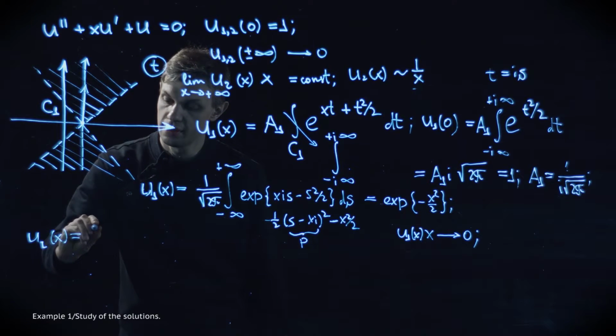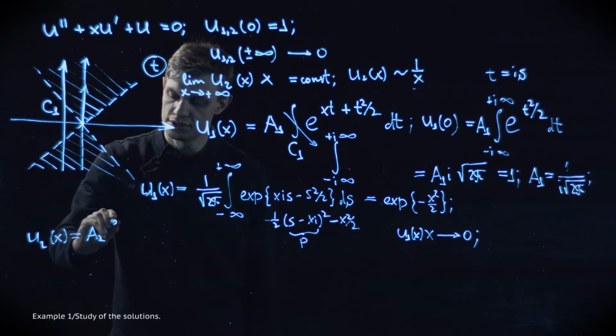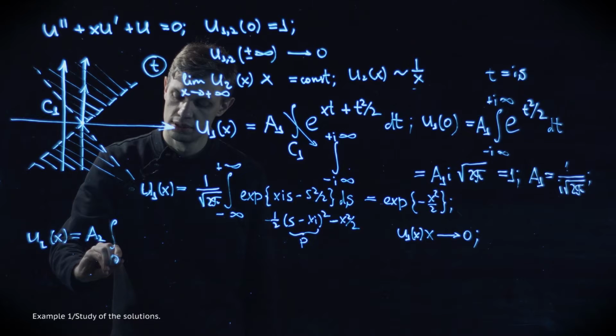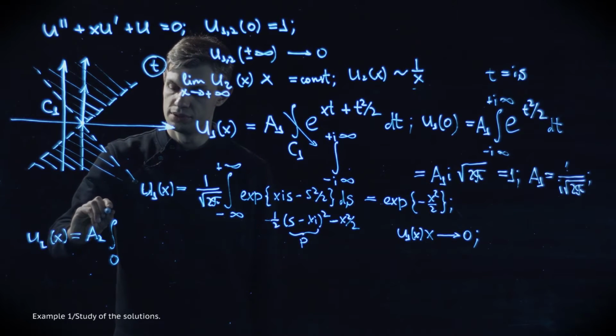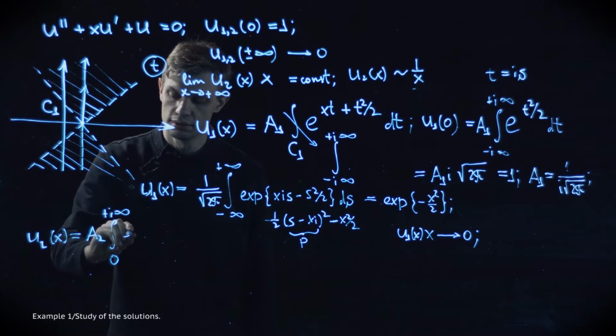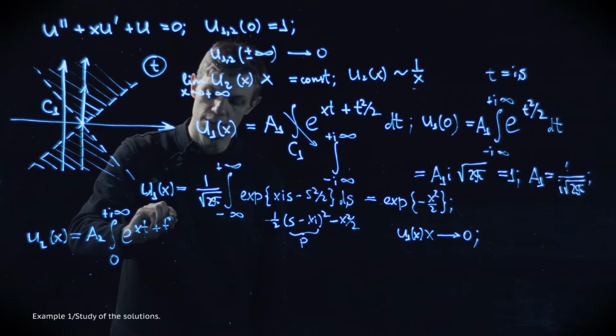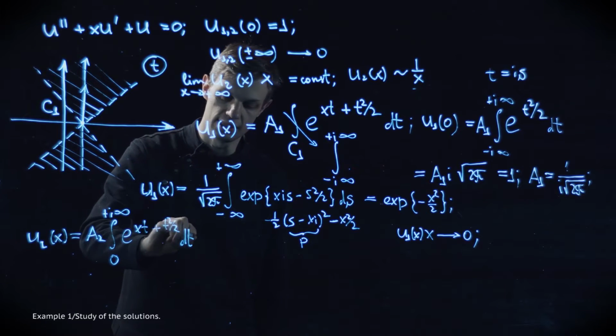Another constant a2, and the integral now stretches from 0 this time to plus i infinity of e to the xt plus t squared over 2 dt.